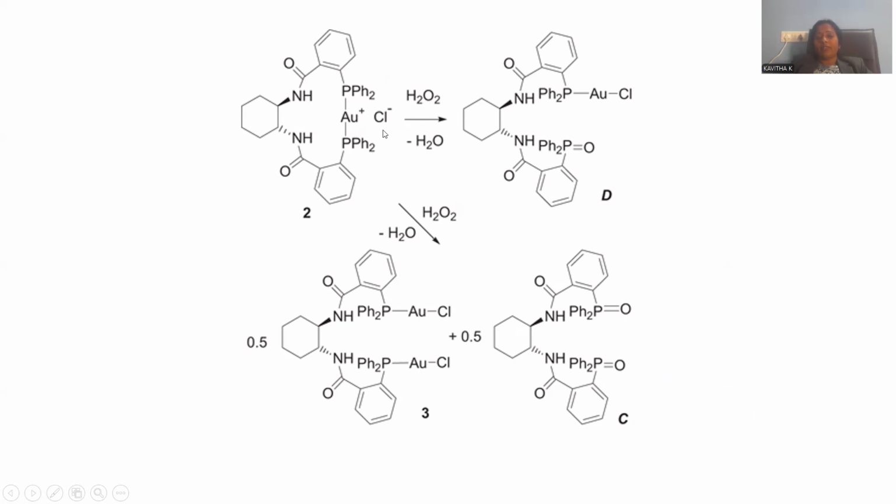Whenever the bond is cleaved, you can notice that on one side this Rm chloride will be generated, and at the other end, wherever phosphorus cleavage is observed, it is added with the oxygen. Being oxygen rich, hydrogen peroxide is able to release the oxygen, giving rise to a phosphine.